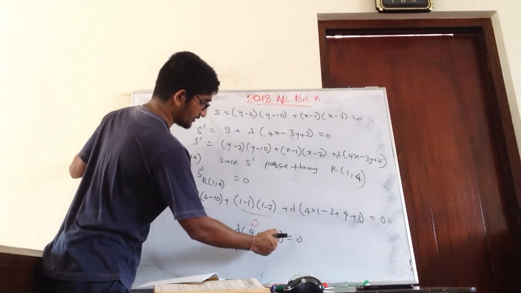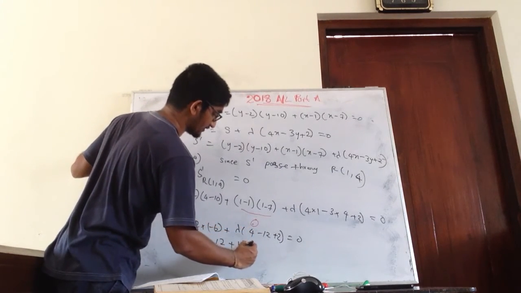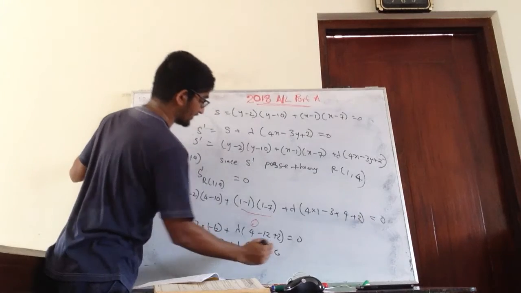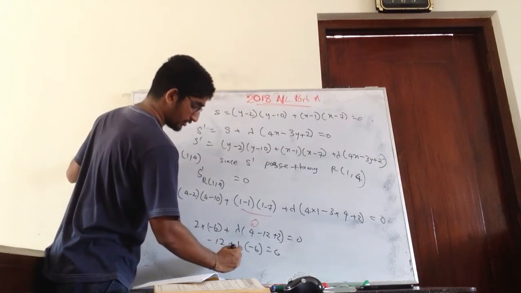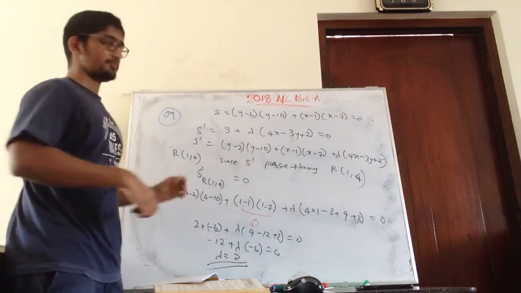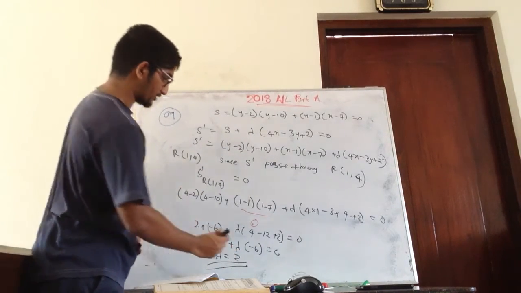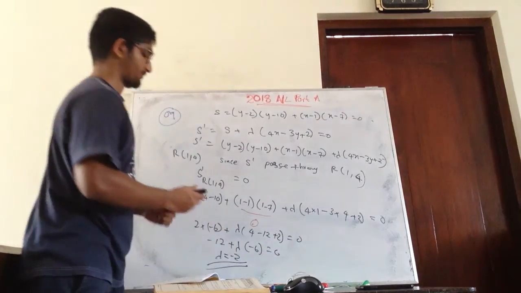Plus lambda is going to be 4 minus 12 plus 2, which is minus 6. So lambda will be... no, lambda will be minus 2. Minus 2.